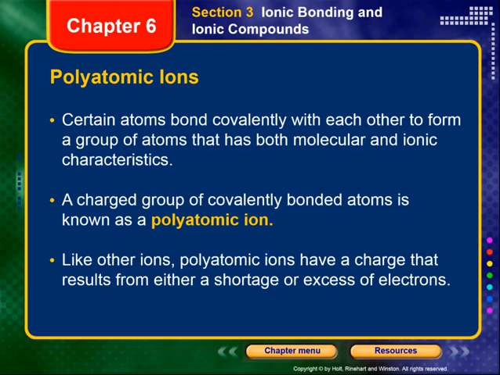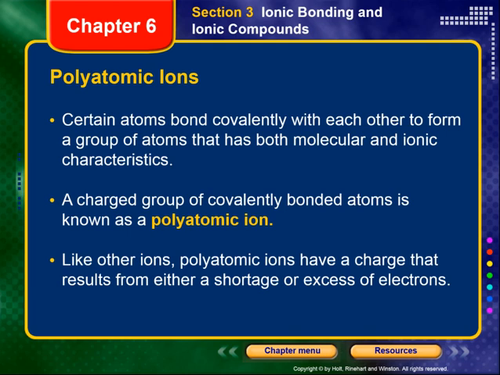But they're covalently bonded together. No single atom within the group is an ion. So these are all nonmetals bonded together. If we have a charged group of covalently bonded atoms, we call that a polyatomic ion.